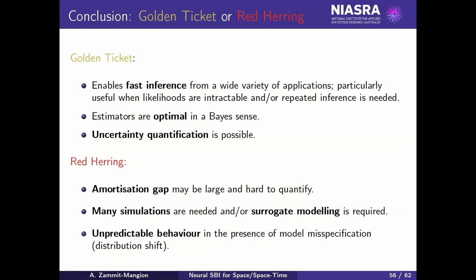In the case of point estimation, how far away am I from the true Bayes estimator? You sometimes need many simulations, and you've got unpredictable behavior if there is model misspecification. So as Kyle said, when you have model misspecification, things get really hard. And there's no quick fix when you've got model misspecification.